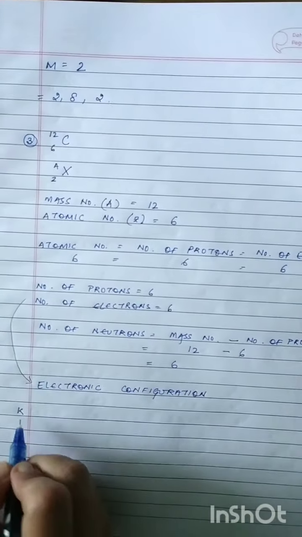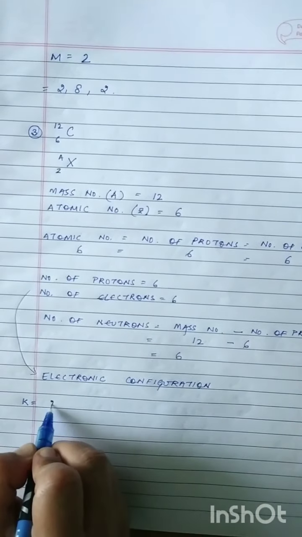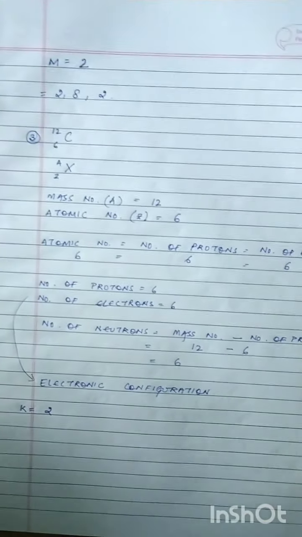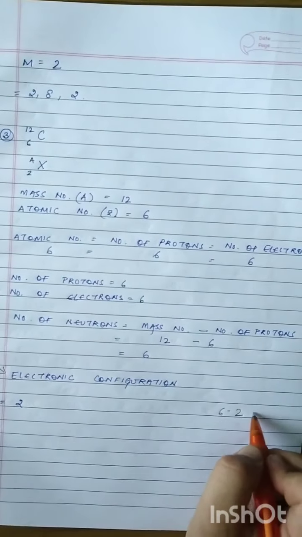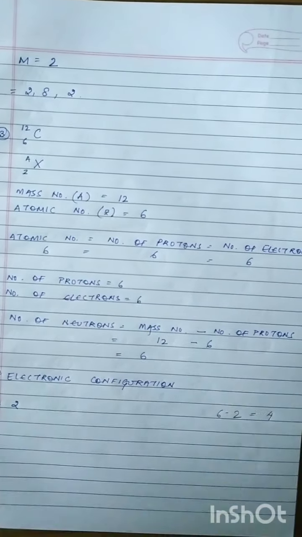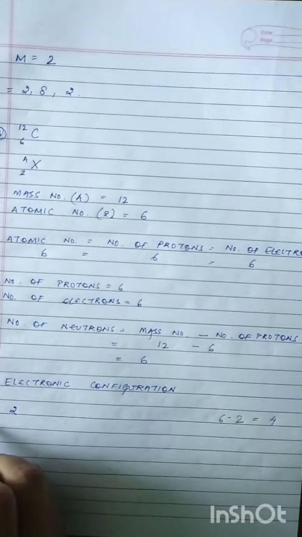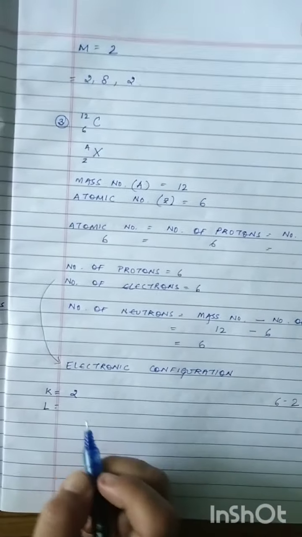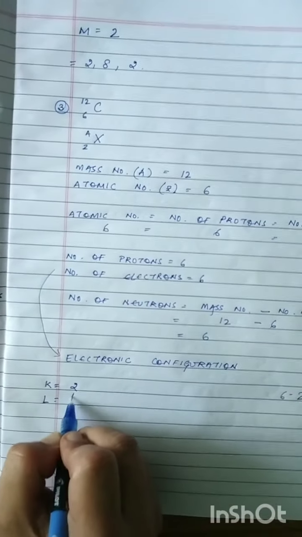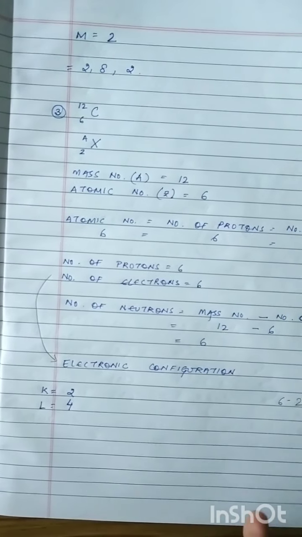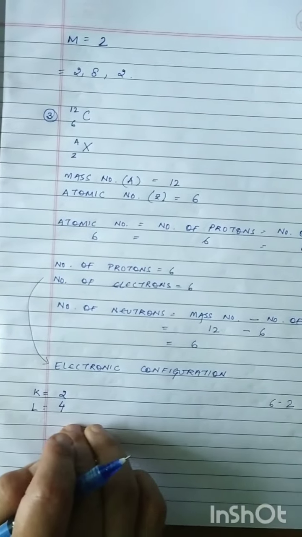So K, first orbit only 2 electrons. So out of 6 electrons, I place 2 in the first orbit. So how many left? Only 4. So I go to the second orbit with 4 electrons. Now in the second orbit, I can place 8 electrons. So 4 electrons, all the 4 electrons will be placed in the second orbit.